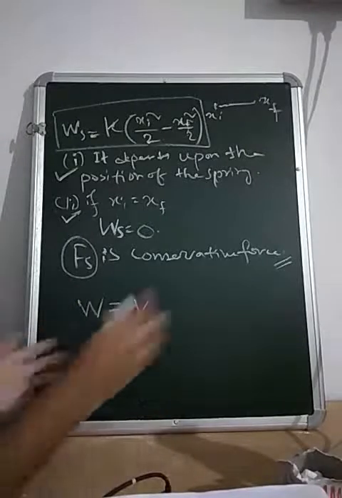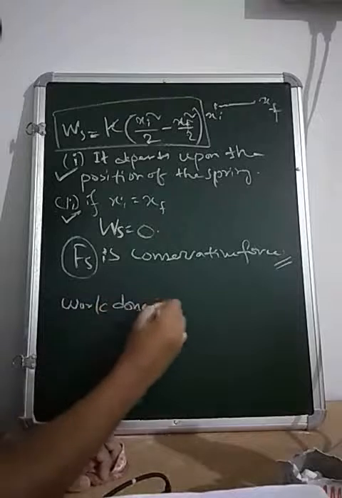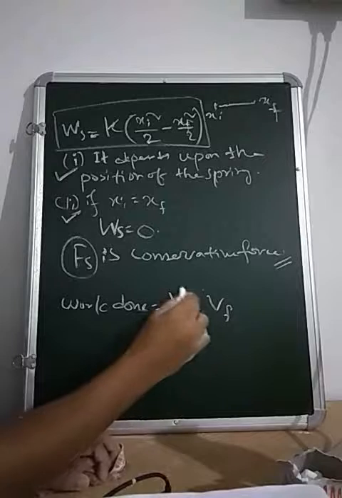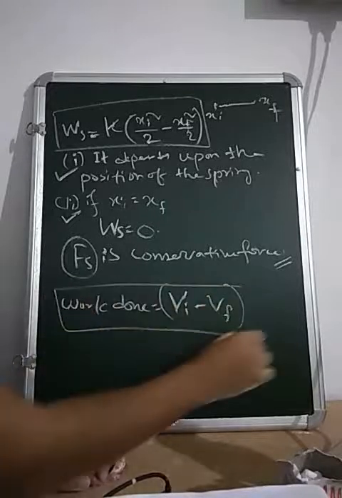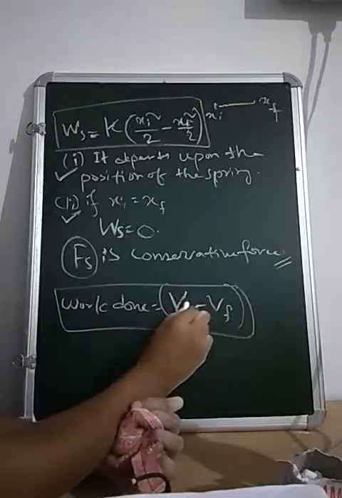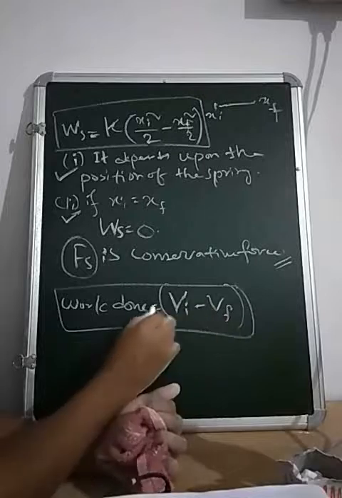Work done is nothing but Vi minus Vf. The potential energy at the initial position minus the potential energy at the final position gives the work done.